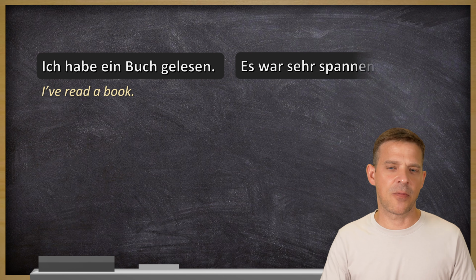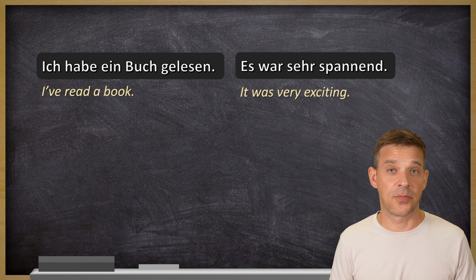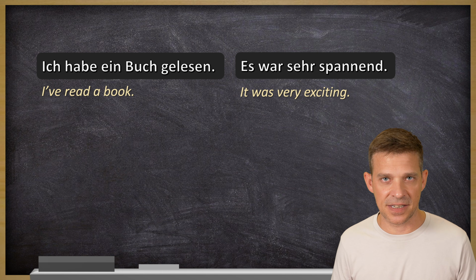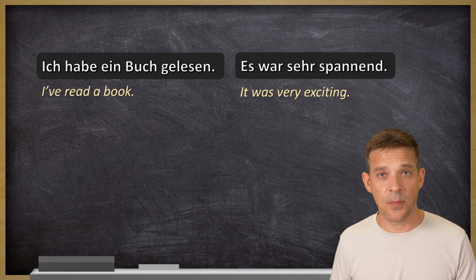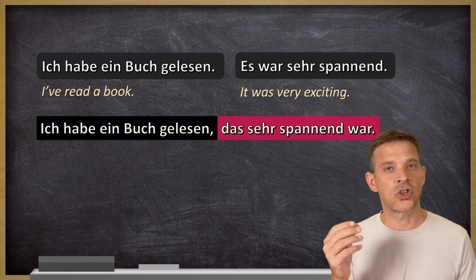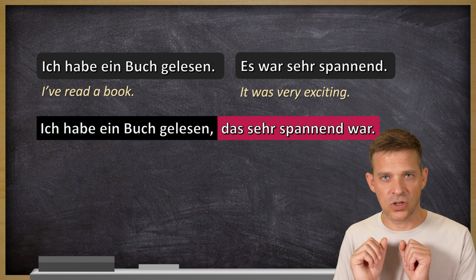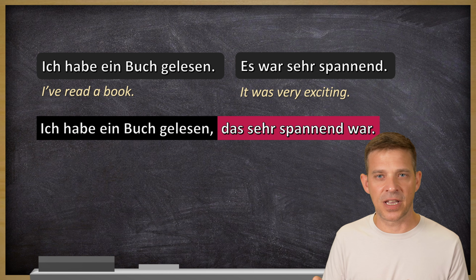Another example. Ich habe ein Buch gelesen. Es war sehr spannend. I have read a book. It was very exciting. Now, let's combine those two sentences. Ich habe ein Buch gelesen, das sehr spannend war. I have read a book that was very exciting.